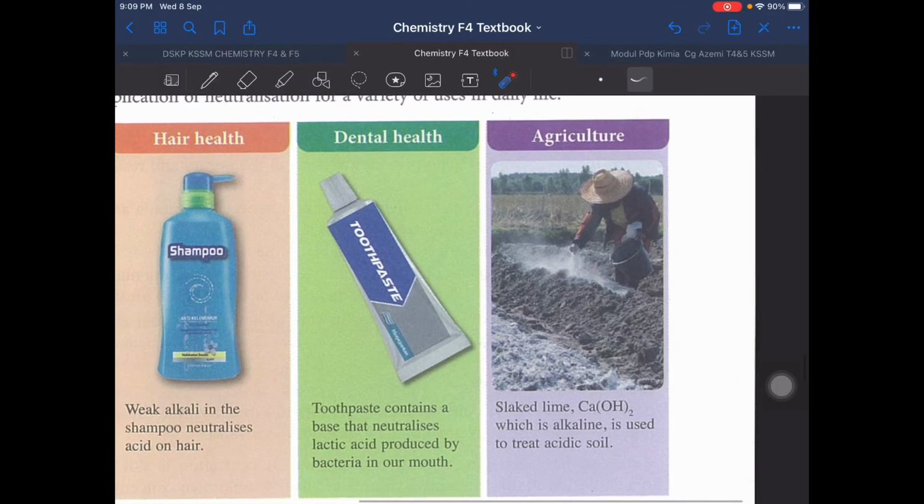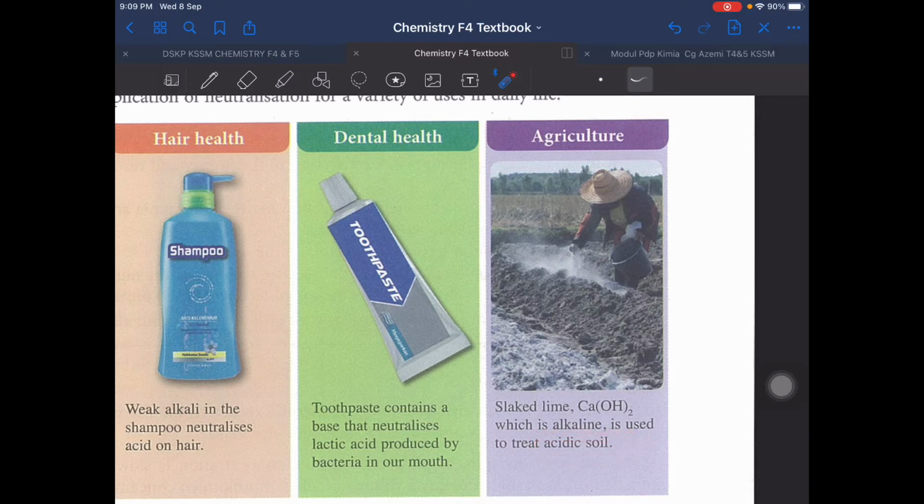Okay, this one. Slag lime, which is alkaline, is used to treat acidic soil. Soil, tanah. Tanah apa yang berasid? Kenapa tanah boleh berasid? Hujan asid. Salah satu sebabnya. Dan juga pengaliran bahan-bahan kimia daripada kilang-kilang. Jadi kita punya tanah pun berasid, tidak sesuai untuk menanam.